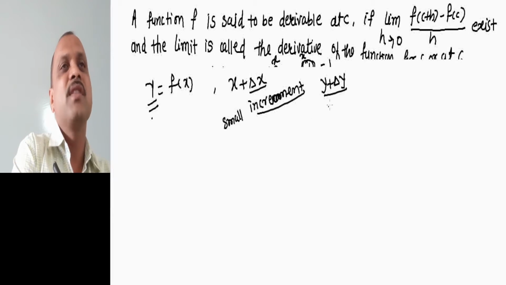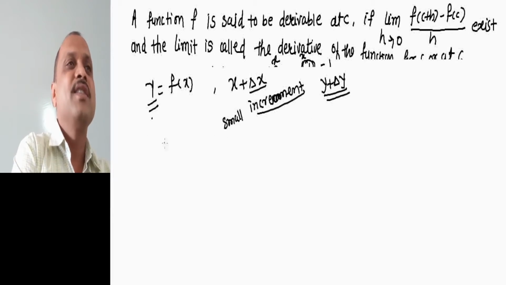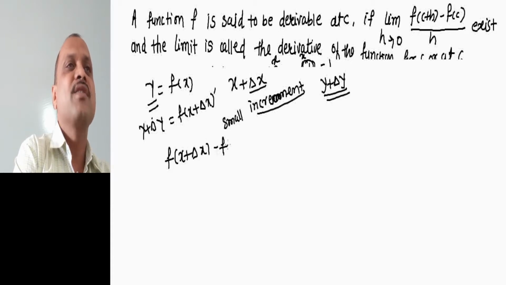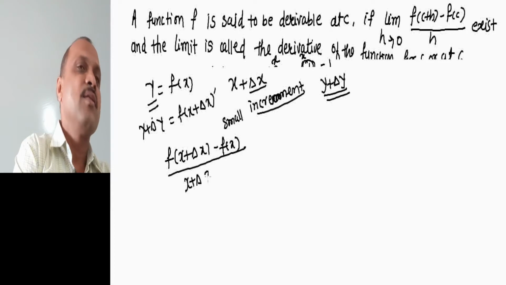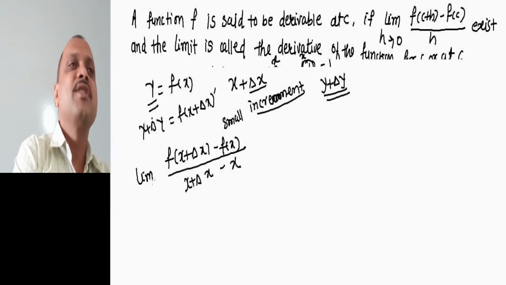So y plus delta y will be f of x plus delta x. Then you can see f of x plus delta x minus f of x divided by x plus delta x minus x. Okay, so limit delta x tends to 0.